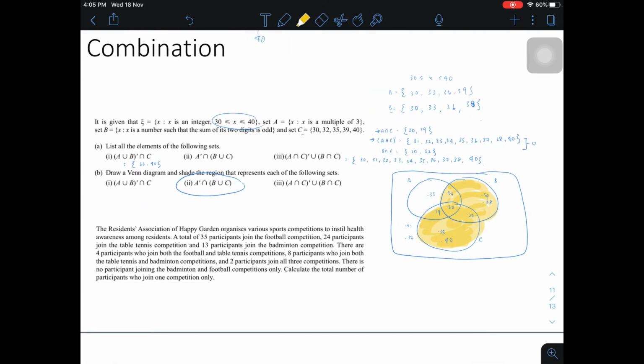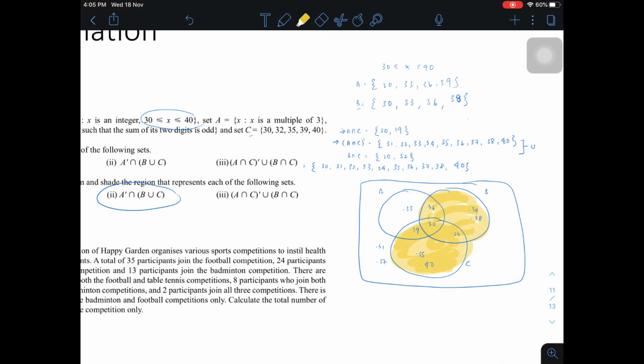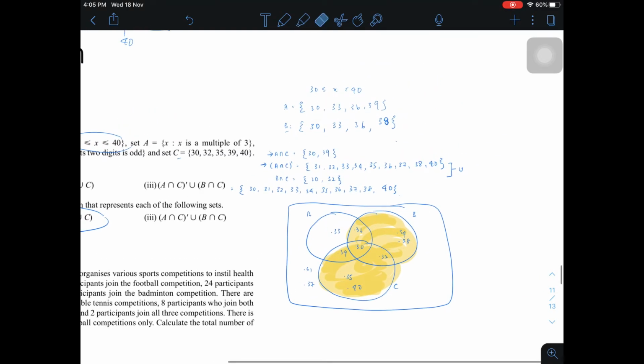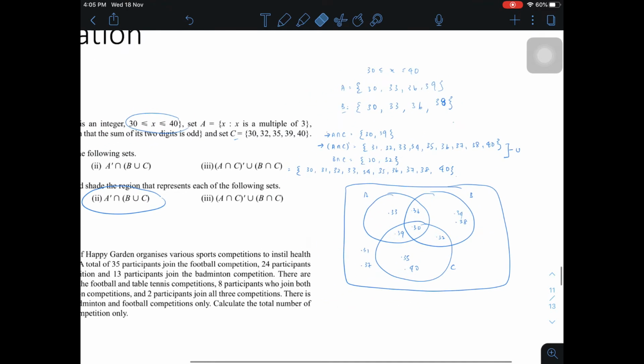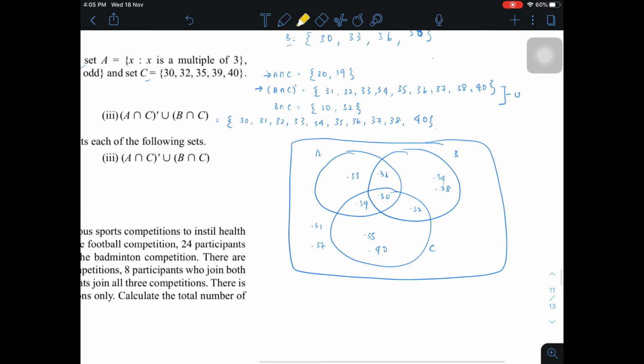We'll try question 3 then, just to make it clear. Again, we'll look for the small one. What is A intersects C, the complements of A intersects C? A intersects C is here, so anything except that, right? And then we have B intersects C, which is here.